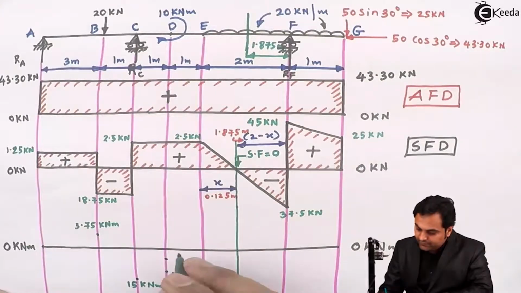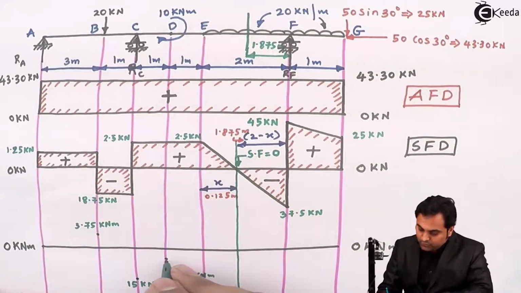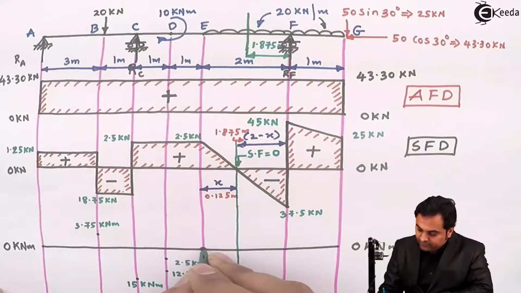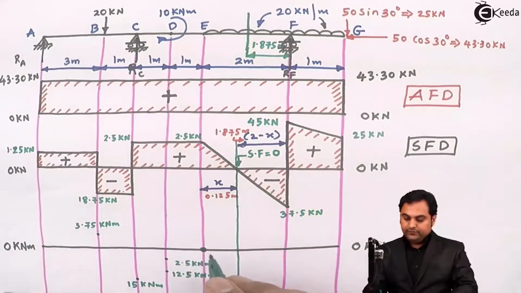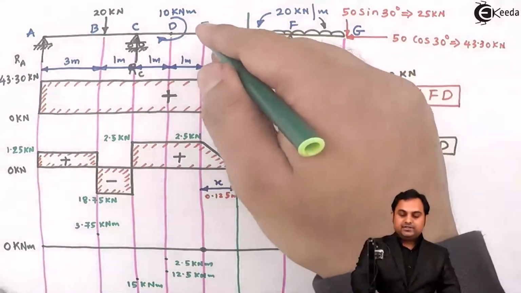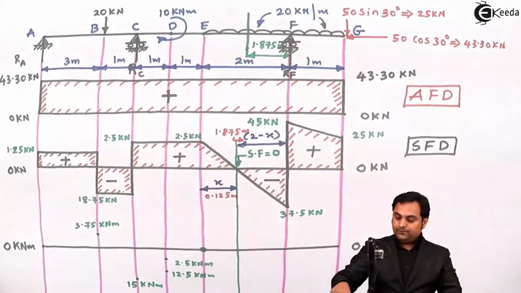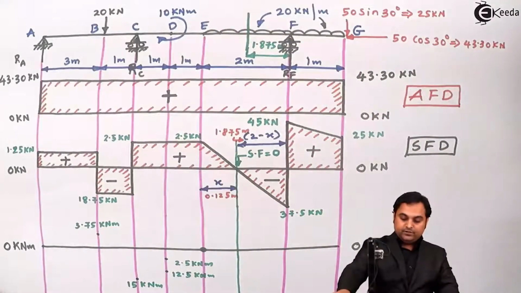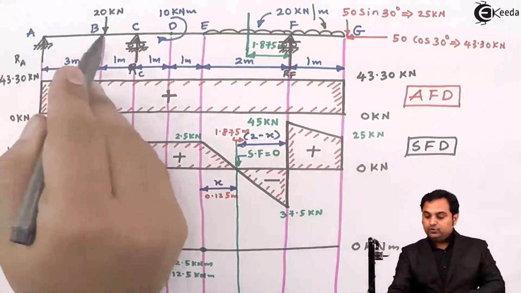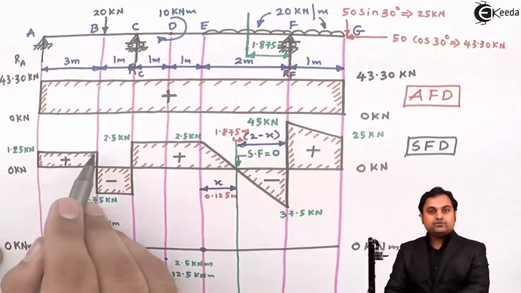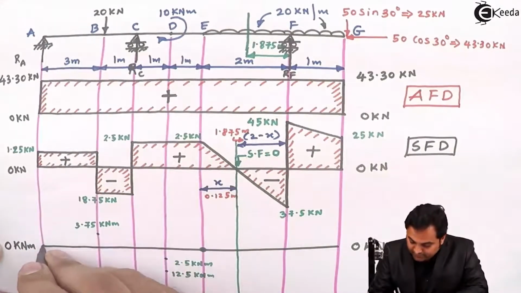Other value is minus 2.5, so downward. Then at E the value of bending moment is 0. It is on 0 line because internal hinge is there, so the bending moment is 0. Now I'll connect the points from A to B. As there is no load between A to B, shear force was straight line, bending moment will be an inclined line.